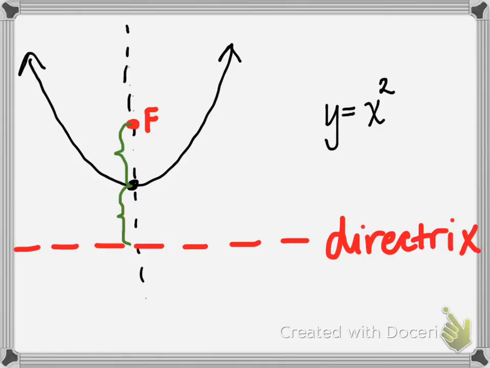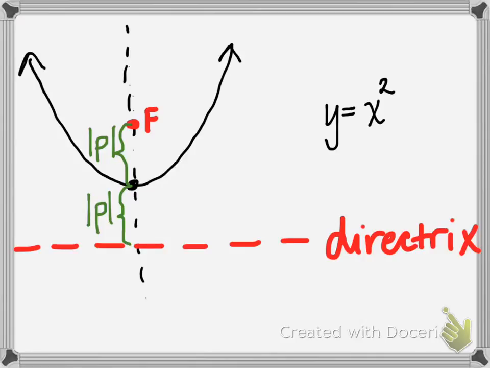Now to locate the directrix, again, we have to measure the distance from the vertex up to the focus, and we often call that distance p. And if we traveled the same distance p, the opposite direction, that's how we would locate the directrix. Now, we'll be discussing this value of p in more detail in just a second. P, it turns out, can be positive or negative. So when we're talking about it as a distance, it's important that we put it in absolute value.